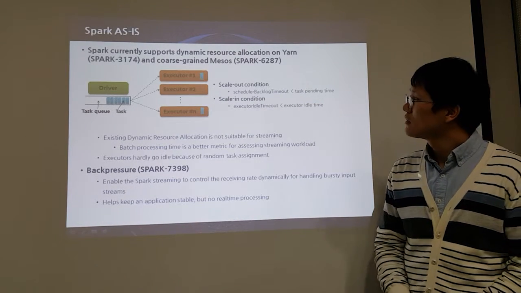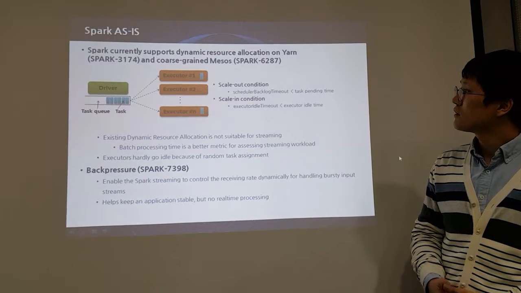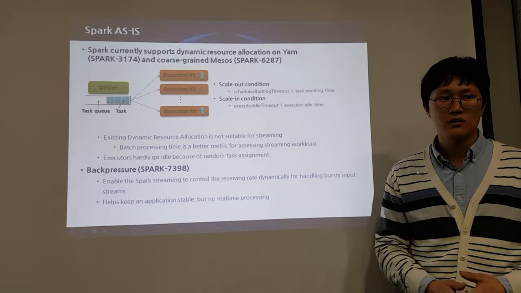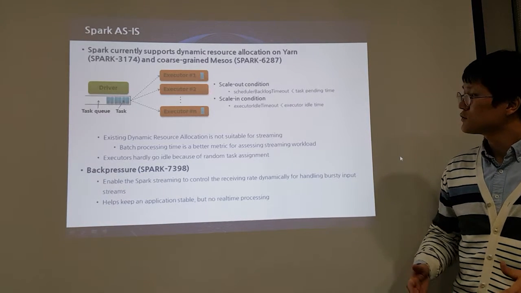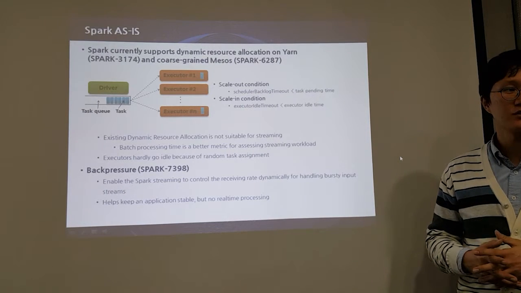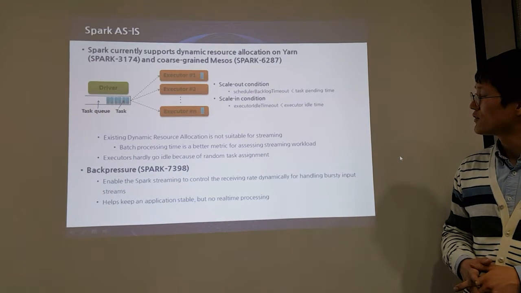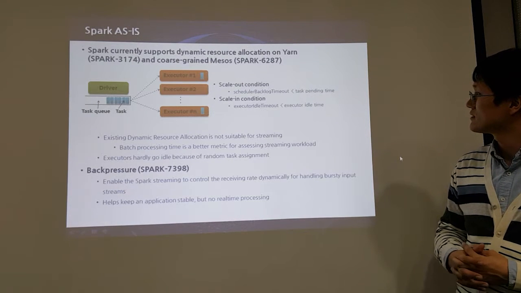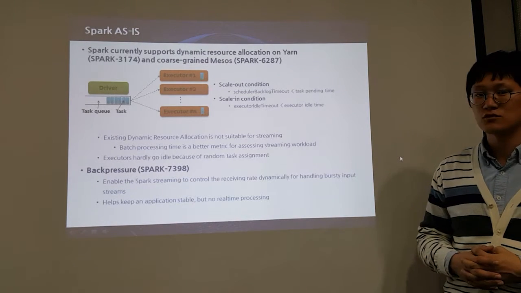Okay, I think you all have heard of dynamic resource allocation. It reduces executors if the executors become idle too much, or it increases executors if the task pending time is too much.